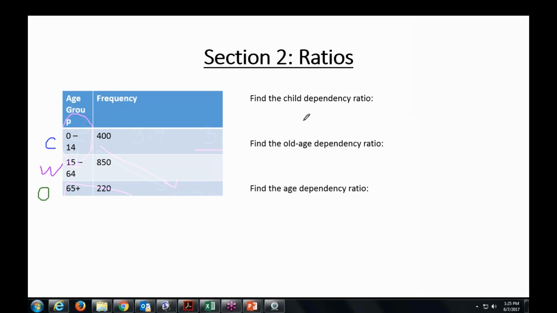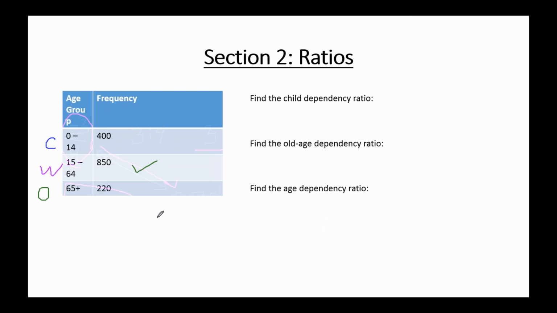So when we talk about child dependency ratio, old age dependency, or the basic age dependency, everything is compared to the working class. Basically, the working class are the people who are supporting everybody else. If you think logically, I was one of four kids, both of my parents worked. So they were the working class, and they supported the four kids who sucked their money dry.